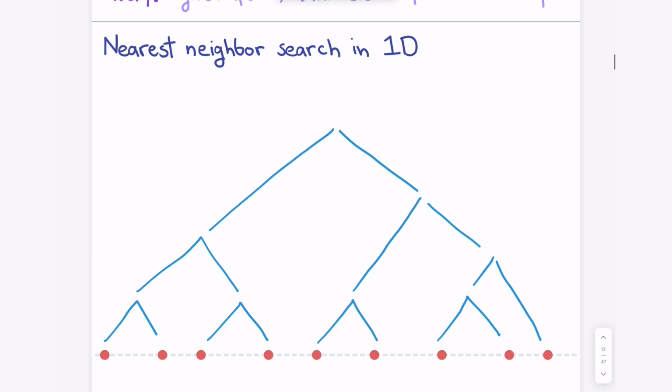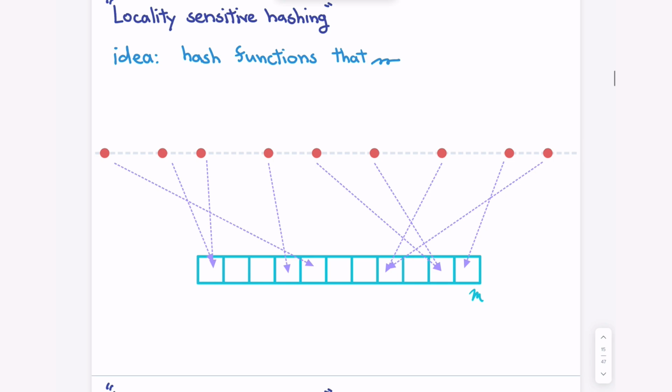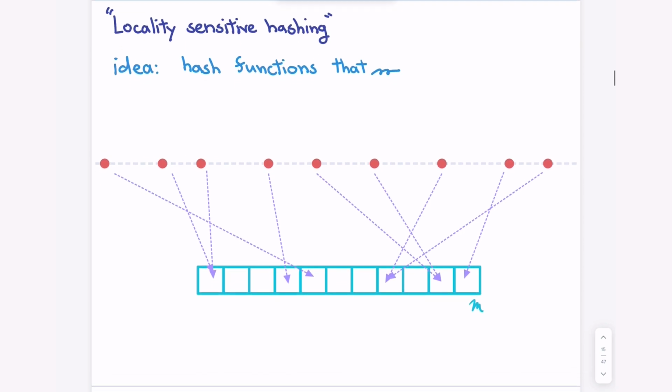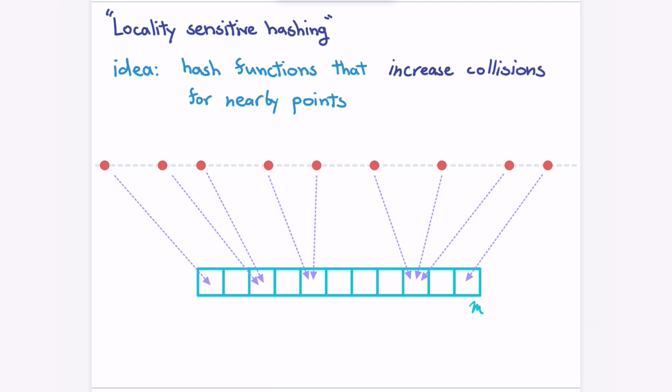This is just pointing out it's kind of easy in low dimensions. The challenge is high dimensions. The interesting conceptual idea is that we're going to try to invent some kind of hash function where collisions are actually more likely for vertices that are closer together than far apart. That's the high level idea.